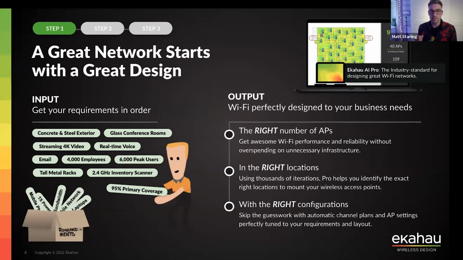What is the desired business outcome? Are you designing 6 gigahertz Wi-Fi for an office that's going to be using voice and video? Or are you designing for an office or an event space that's going to be using lots of virtual reality headsets, goggles, applications? Because that's going to really change how you would do your design.